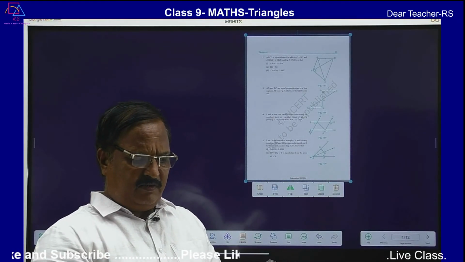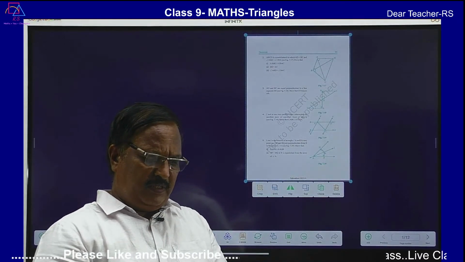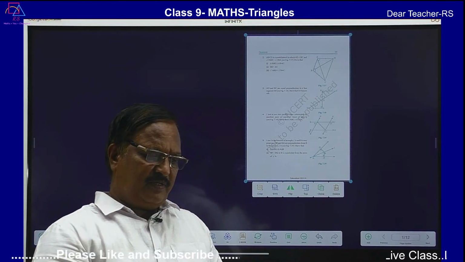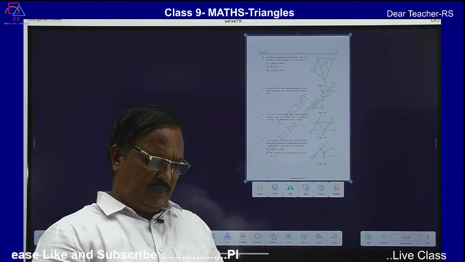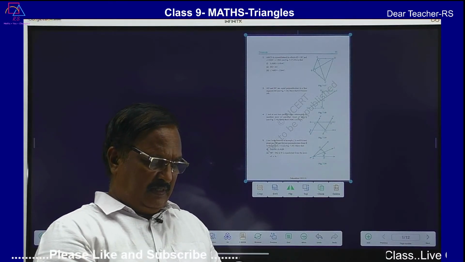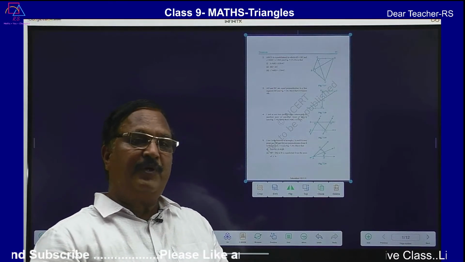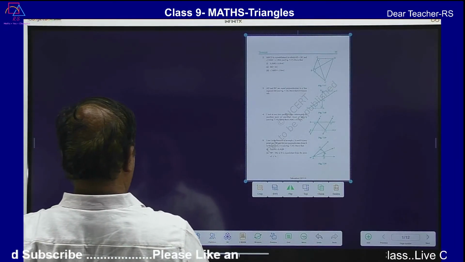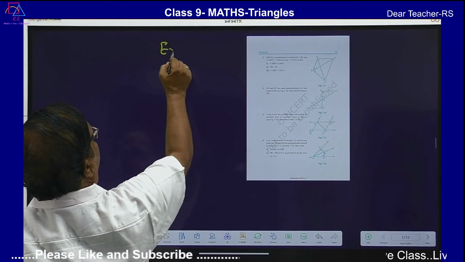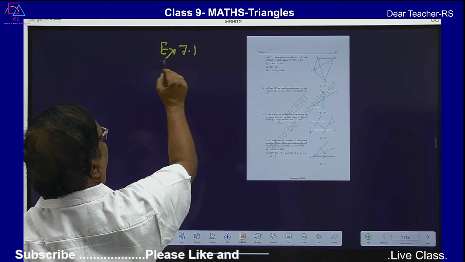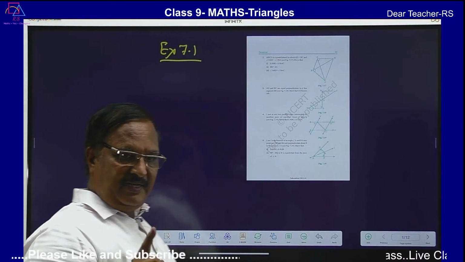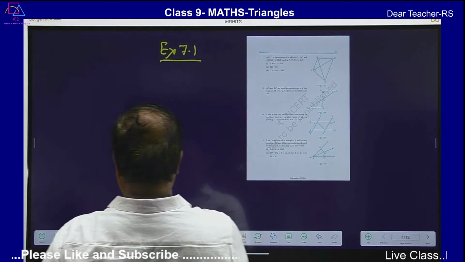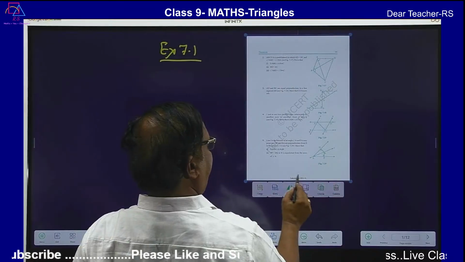This is the 7th chapter, 7.1 exercise. We have done the first question yesterday. Now we are going to do these questions today.